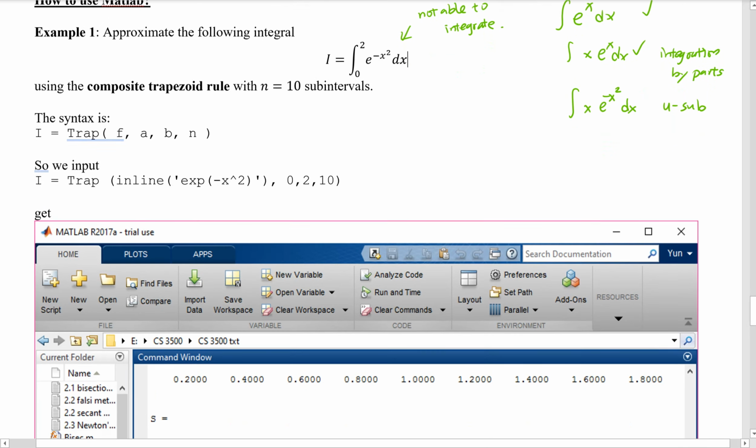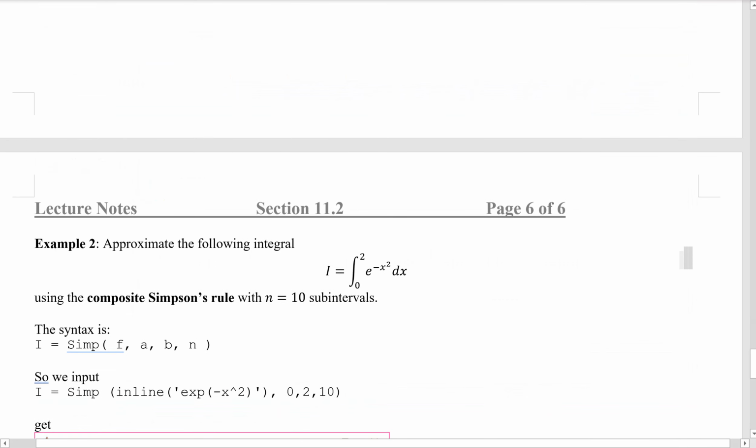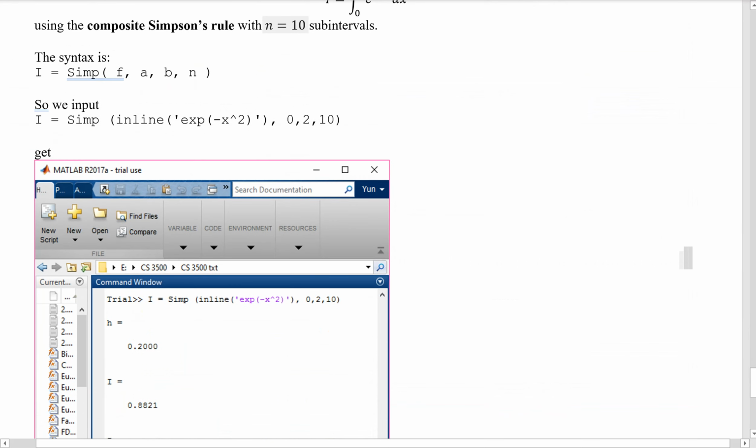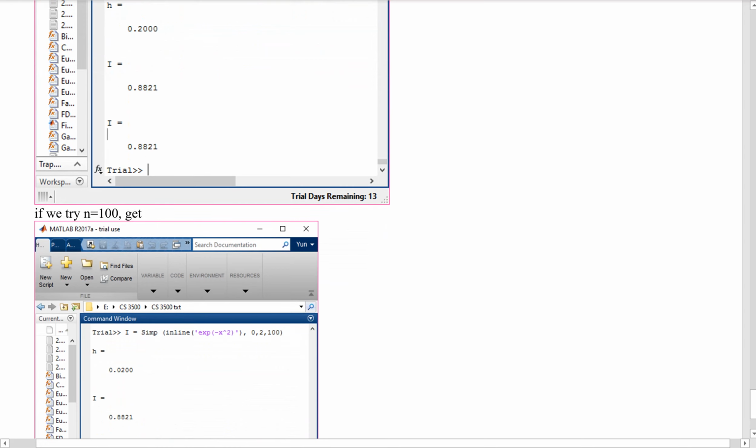After you input this in MATLAB, you can see the answer is 0.8818. If we do the same thing using Simpson's rule with n equals 10 subintervals, you replace trap by simp, and you get 0.8821.